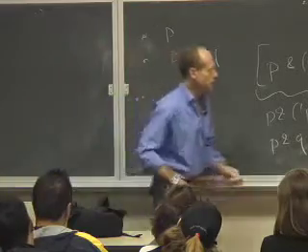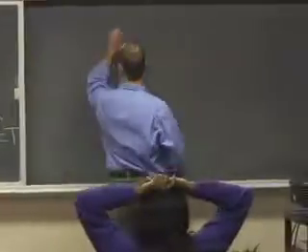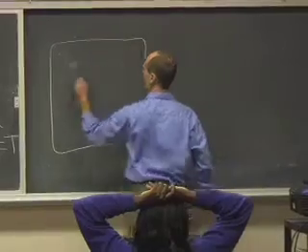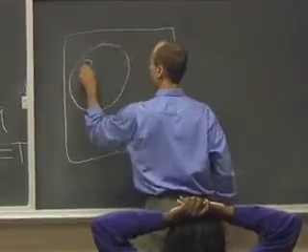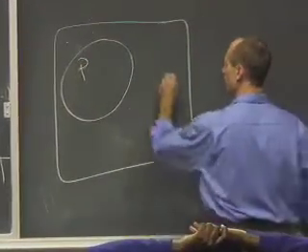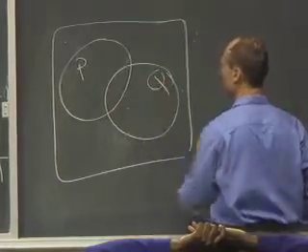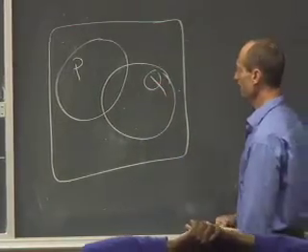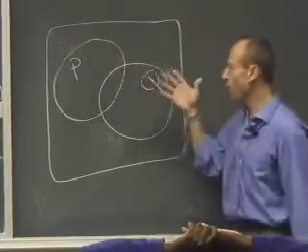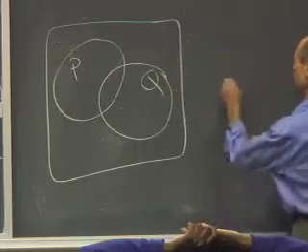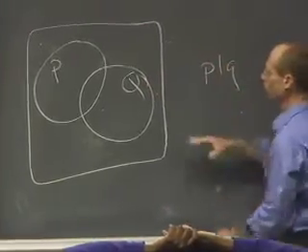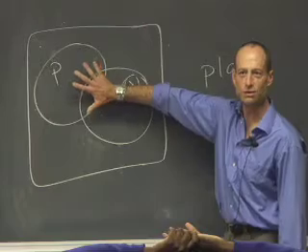So if I represent the proposition P by some subset, and the proposition Q by some other subset, then the logical expression P or Q is represented by the union of these two things.